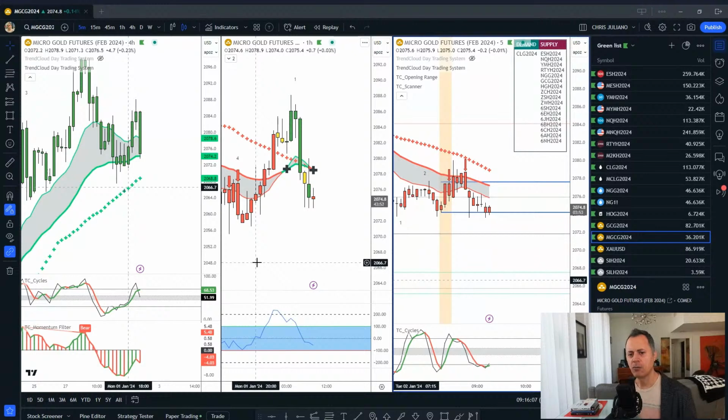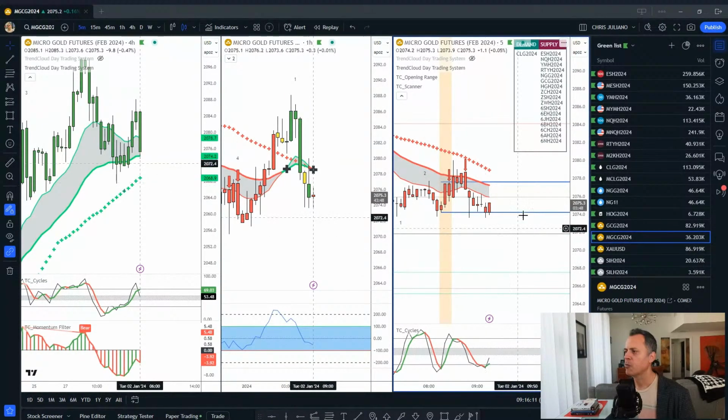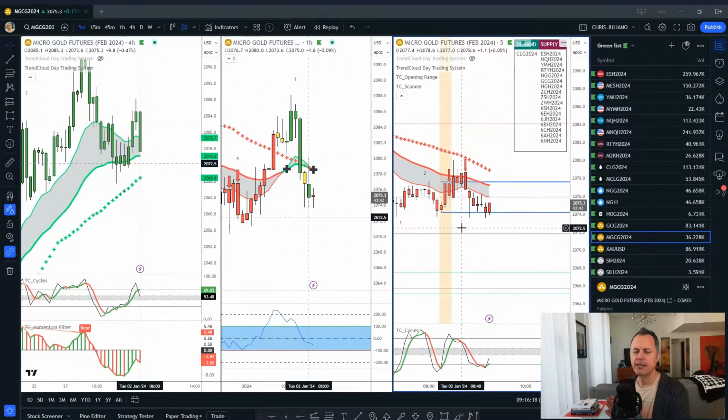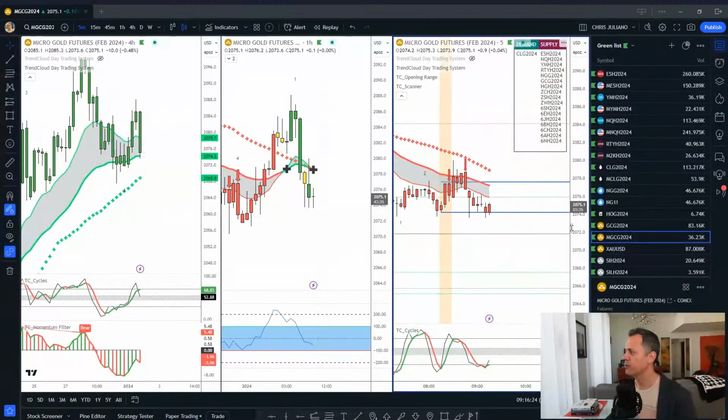Okay, nothing over 1% of your total current account value. All right, so we're just going to assume a $200 risk here in the room, because we're working a $20,000 account, and we're going to work those micros.